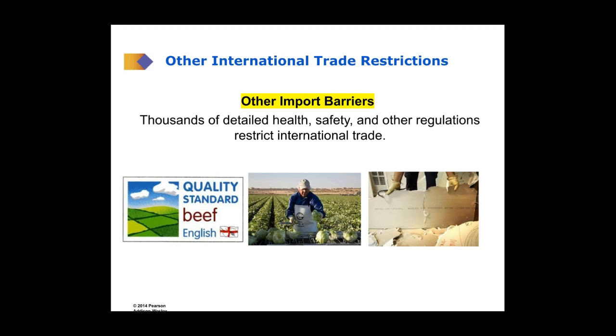But sometimes, of course, they are legitimate. If you have produce or building materials that are either substandard or not properly suited to the market they're being sold in, well, that's a good reason then to restrict having them imported.